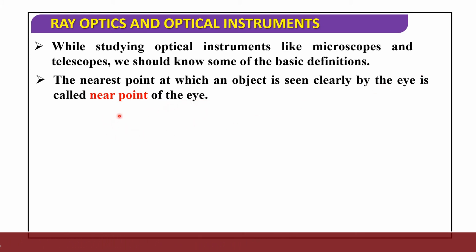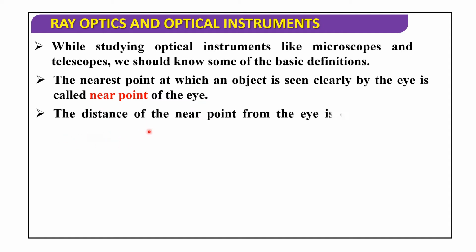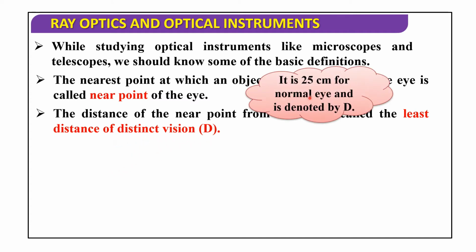Next, the distance of the near point from the eye is called the least distance of distinct vision. It is 25 cm for a normal eye and it is denoted by D.